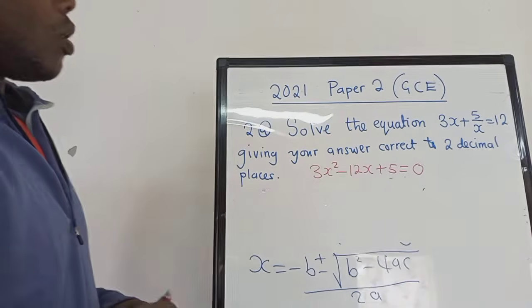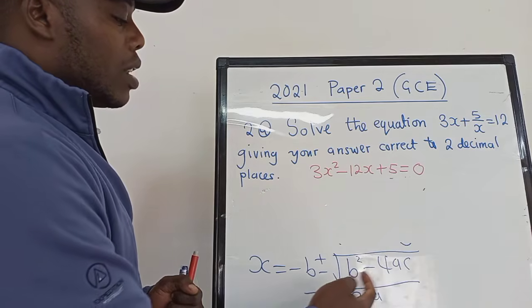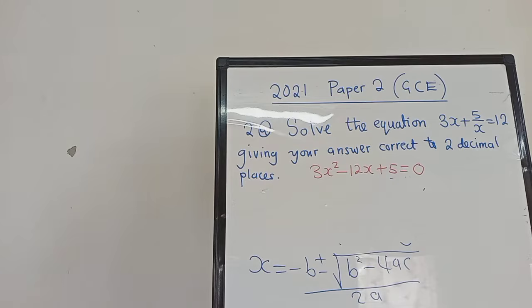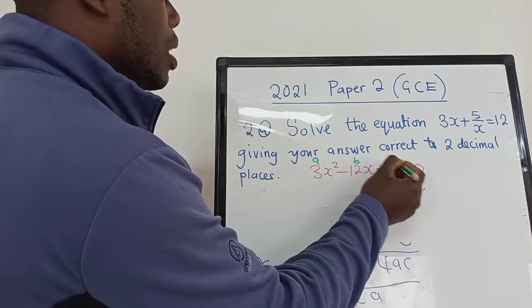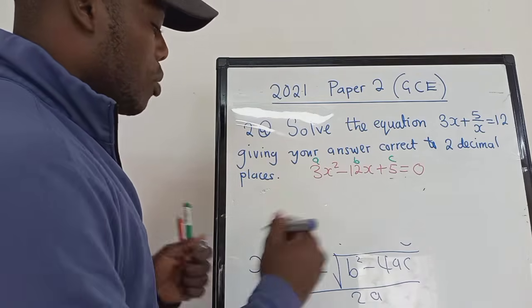Now, on this same quadratic equation, we need to identify the letters. It's in standard form. So how do we identify the letters? Right here, we know that this is our a, our b, and our c. So we can plug into our formula.